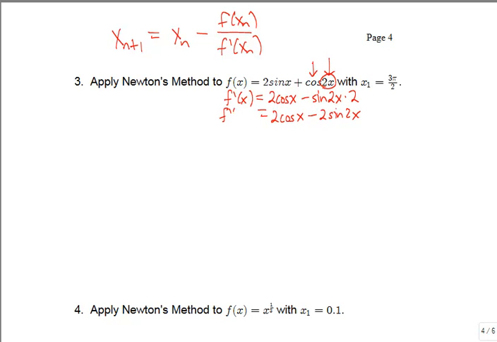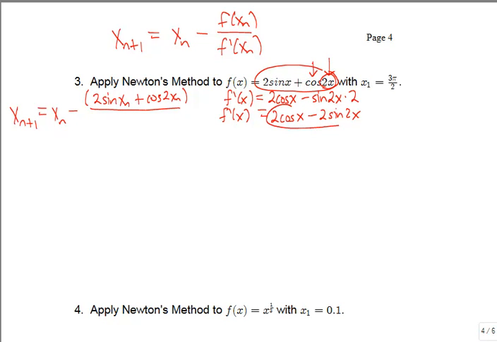So there's our derivative. So that means our formula is going to look like this: x sub n minus parentheses this function with x sub n plugged in, divided by this derivative with x sub n plugged in. Okay?